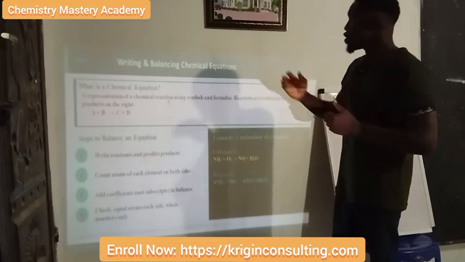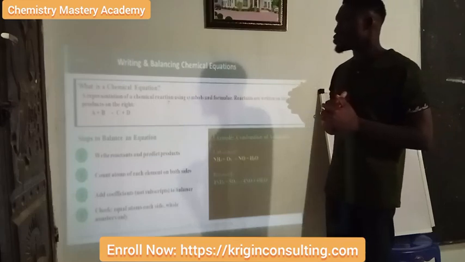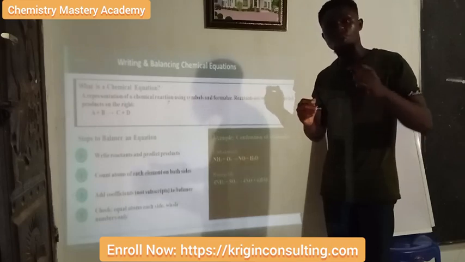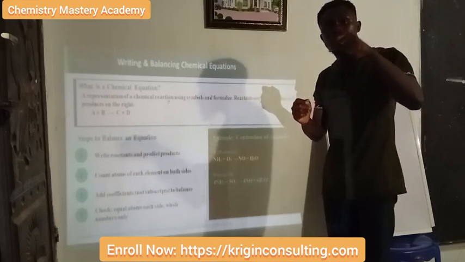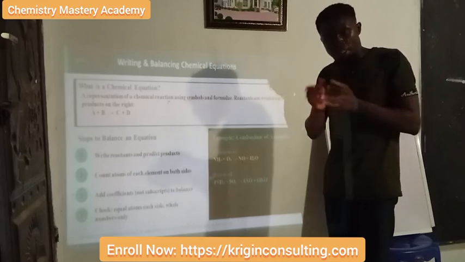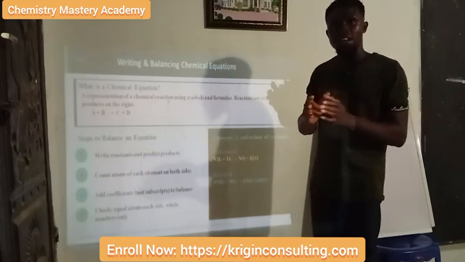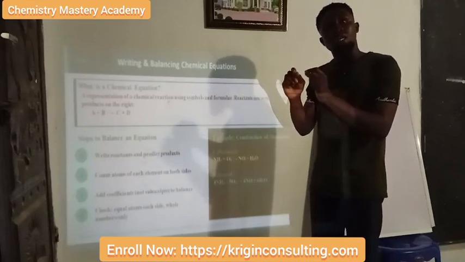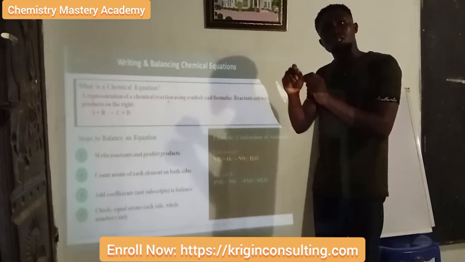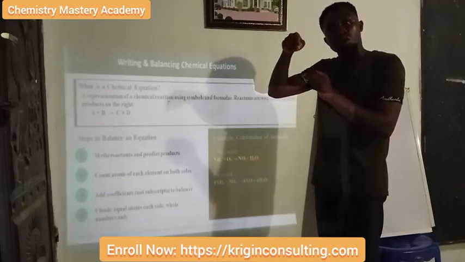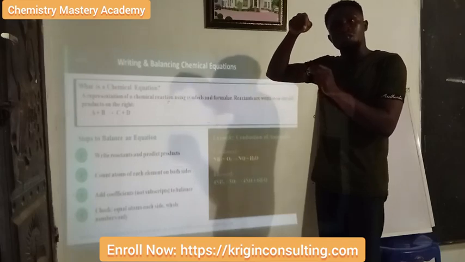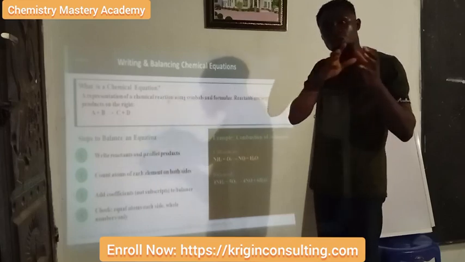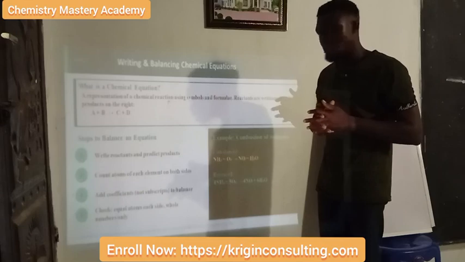So when you want to write a chemical equation of a reaction, you take note of the symbol of each of the elements being mixed together. And after they are mixed, when you want to write out the product, you take note of the symbol or the formula of the substance that is formed when those ones react.